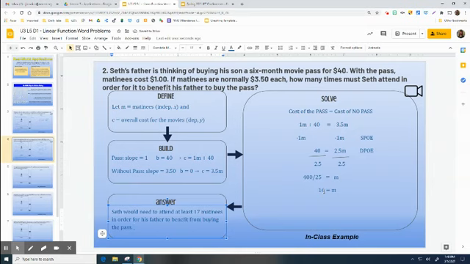Now remember, it can't be 16. At 16, there's no difference between having a pass. Well, there's no need for a pass if it's 16 or less. It's only when you're at least 17. Or you could say greater than 16, or 17 or more. So there's a lot of different ways that you can say this answer right here. But that's why it's a little bit different than ones you've seen before.